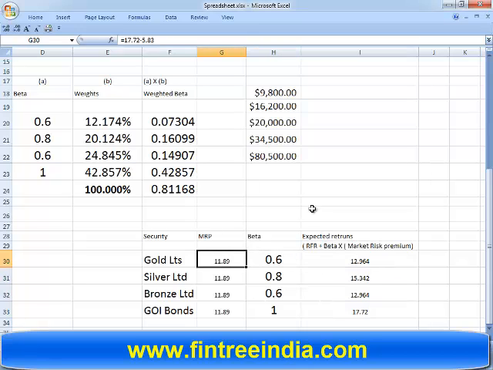Market risk premium is simply return on market 17.72 minus risk-free rate of return 5.83. So we can write down the expansion here. We can say returns on the market minus risk-free return.